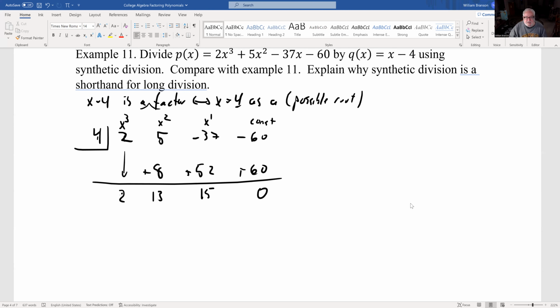Now, when we're factoring something out, we're lowering the degree by 1. So this is actually now, after the division, my x squared column, my x to the first column, my constant column, and my remainder.